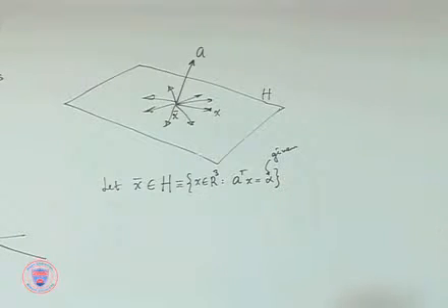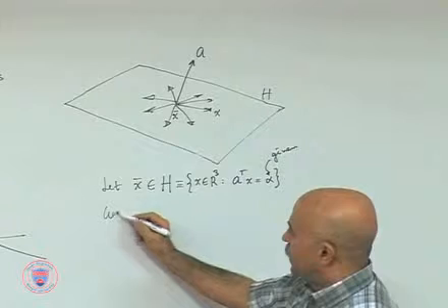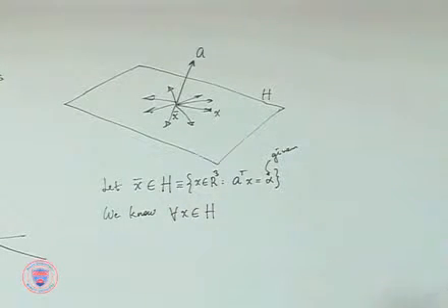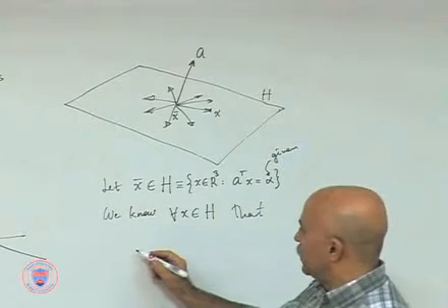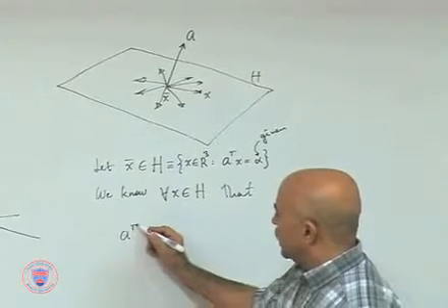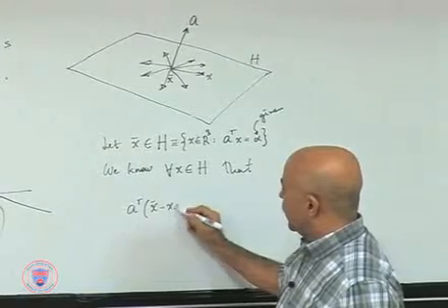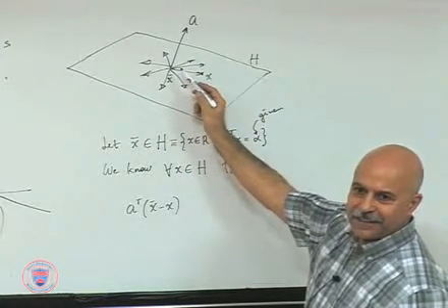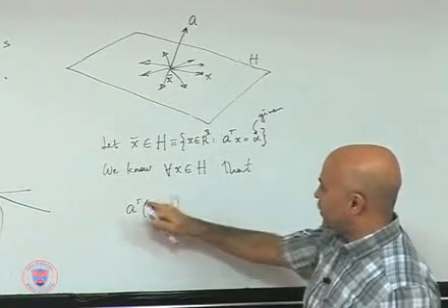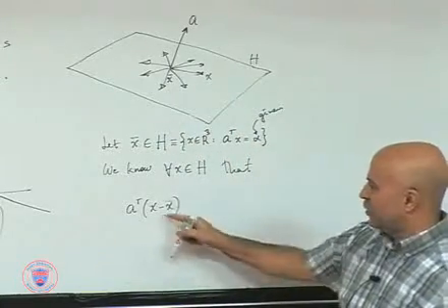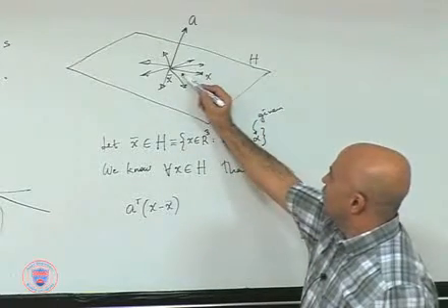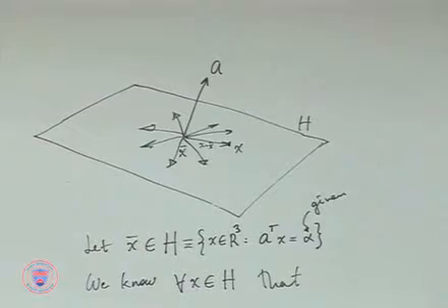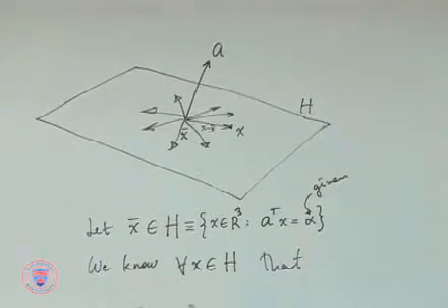This is also a given. We know for every point x in the hyperplane that the vector x minus x bar, which is this vector, when multiplied by A transpose, gives 0.